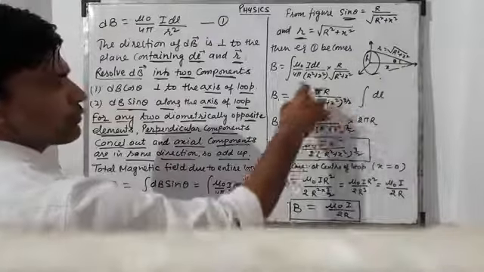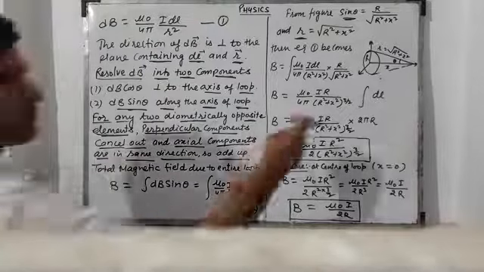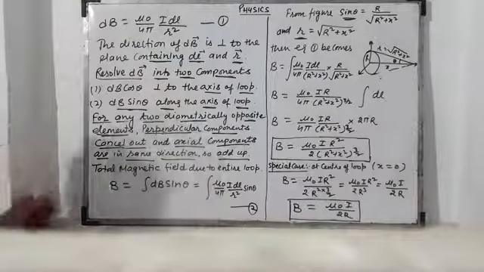These values are constant, so they are taken out, and we get the integral of dl.